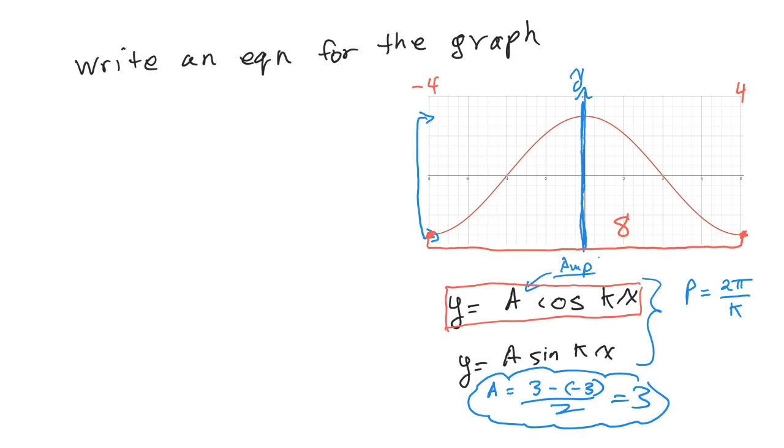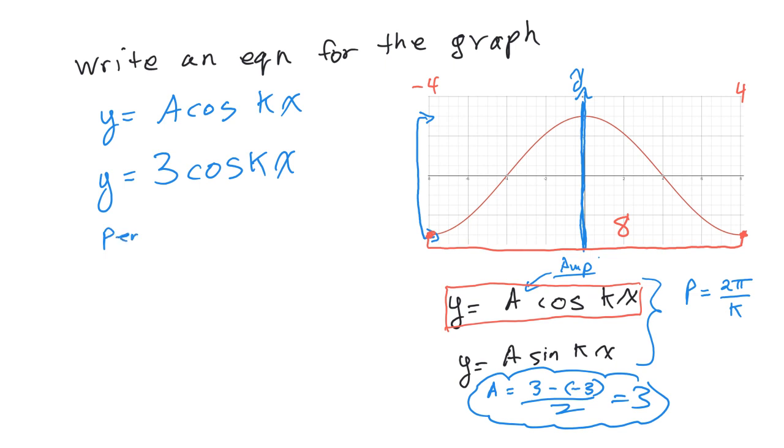And we figure out that total distance. Okay, so now here's how we calculate the period and the basic equation. So right now you're going to say y is equal to a cosine of kx. Now you know that your amplitude is 3. We calculated that before. But now we must calculate the period.